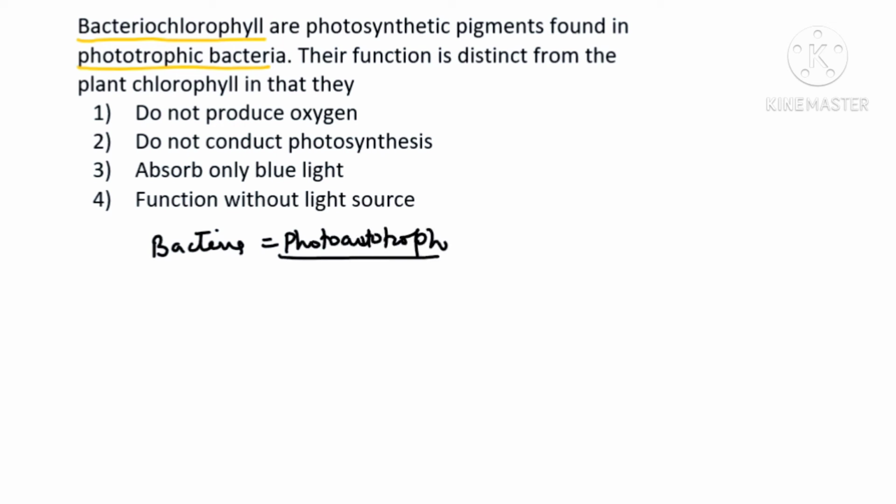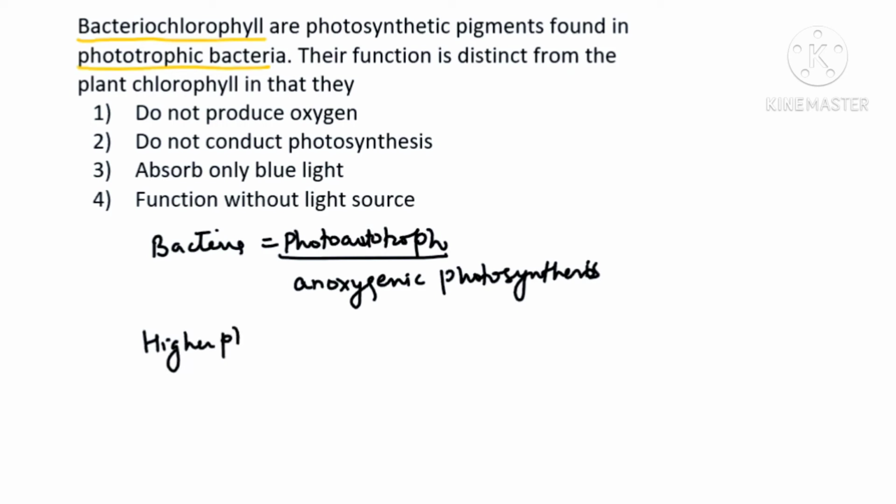The bacterial photoautotrophy is anoxygenic, meaning they are not breaking down water and they are not liberating oxygen. So bacteria will perform anoxygenic photosynthesis. And higher plants will also be autotrophs, but their photoautotrophy is oxygenic.